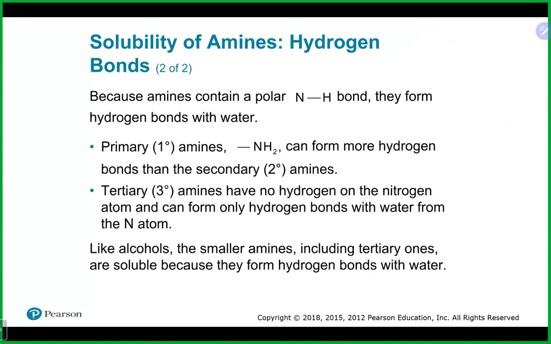And tertiary, like I said, cannot hydrogen bond on the nitrogen, but can form hydrogen bonds with water. Like alcohols as well. And again, it could do something like this, where we can get some bonding happening here between the nitrogen and the hydrogen.